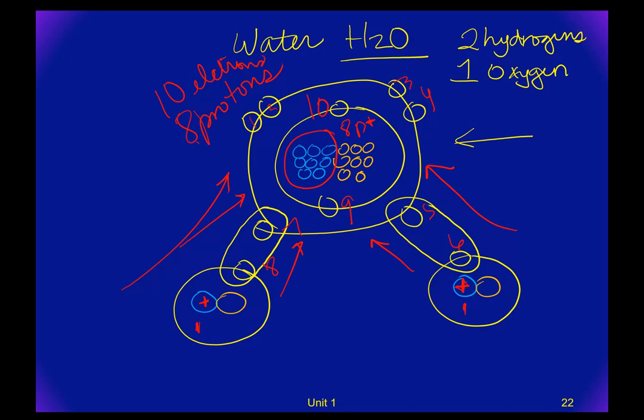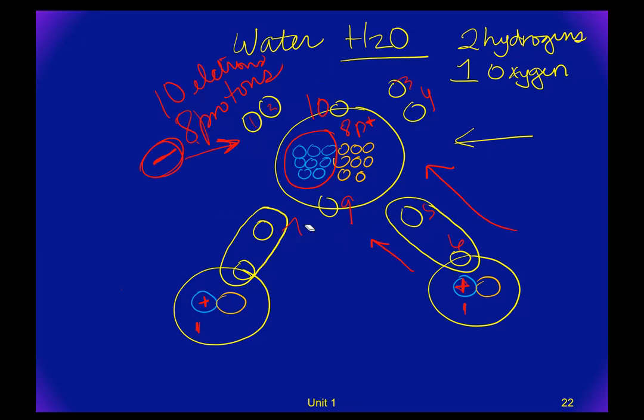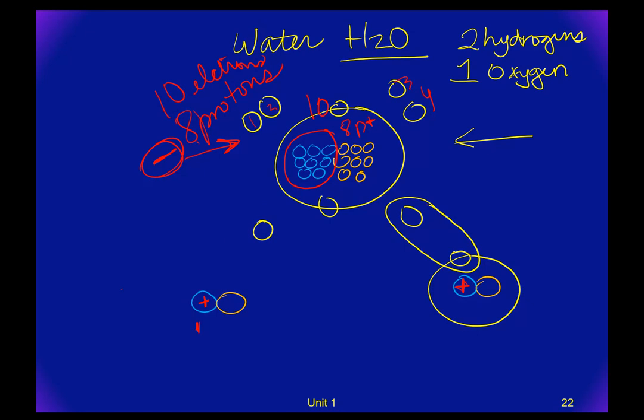If you do the math on that, that would mean that it is negative up at the oxygen, right? Now again, this doesn't really happen, but just go with me on that journey. So if I actually did take that electron completely away, what's left down here at this hydrogen? Just that proton, right? So that would mean that down here, I would have a positive.